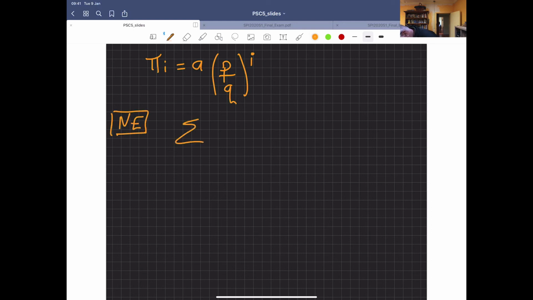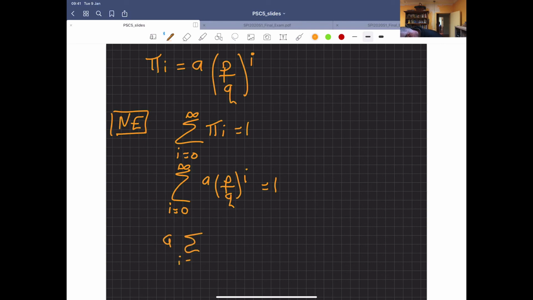What does that mean? It means that if we sum pi I from 0 to infinity, that equals 1. So substituting in, the sum from I equals 0 to infinity of A (P over Q) to the I equals 1, which is A times the sum from I equals 0 to infinity of (P over Q) to the I equals 1.